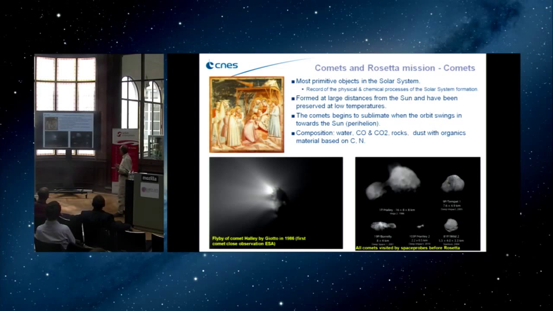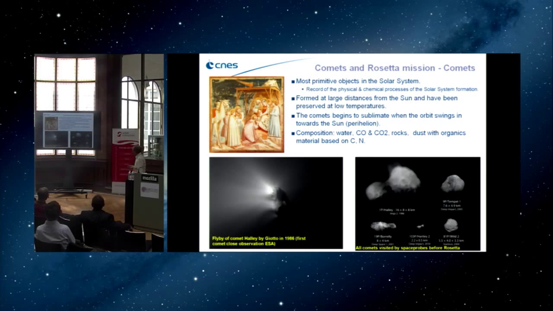And so what is the composition of the comet? It's still not so well known. So we know that it's mostly water with CO and CO2, with some rocks, dust, and organic material based on carbon and nitrogen.